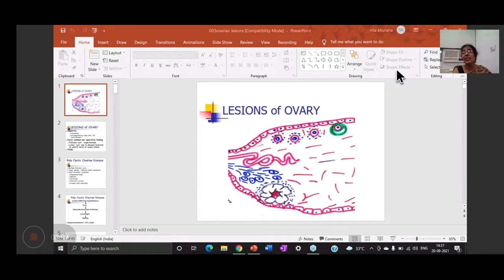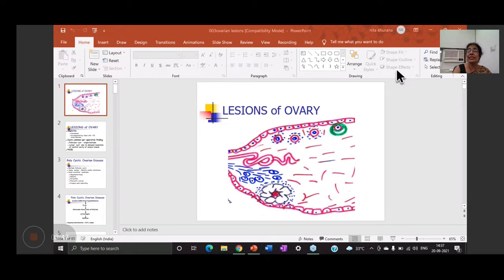Slides are not changing. Are the slides changing over there? Because I've got the feedback that the slides are not changing. Let me know. Shashwat, you are seeing it. So can I have a feedback from you whether the slides are changing or not? Slides are not moving.